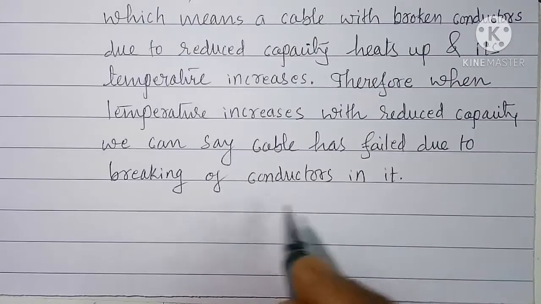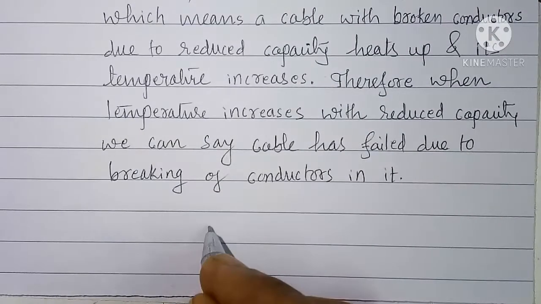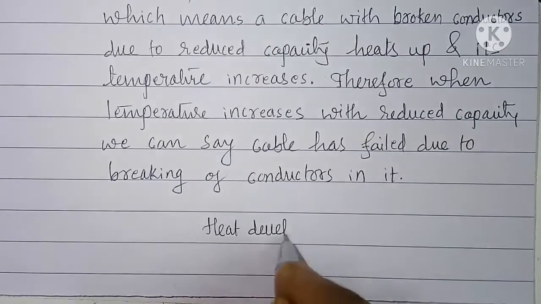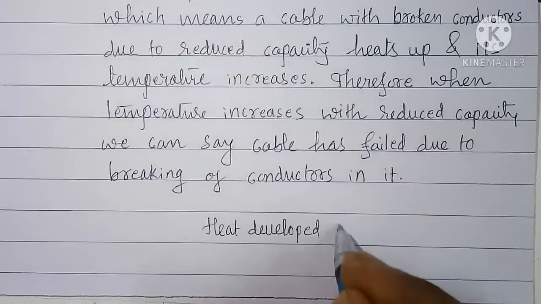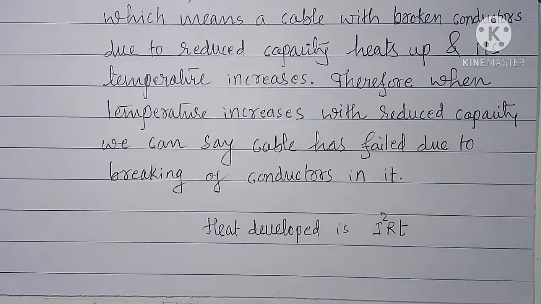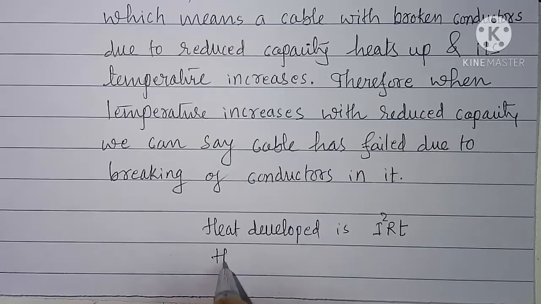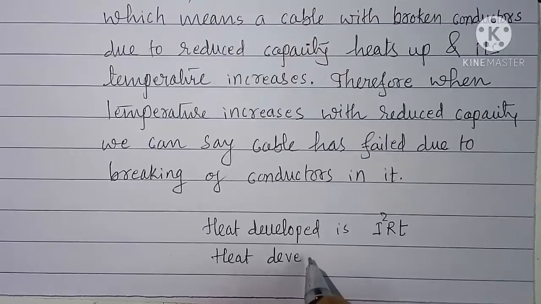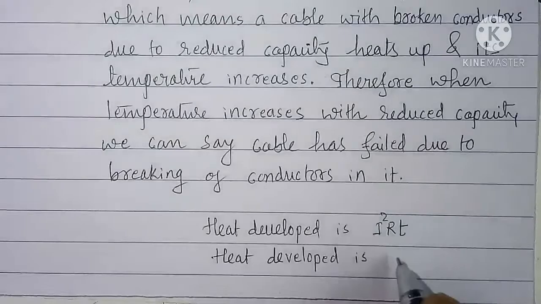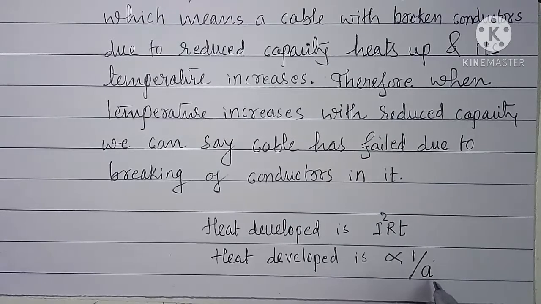What you must know here is heat developed is I square RT, that is heat developed is inversely proportional to area of cross section of conductors in cable.